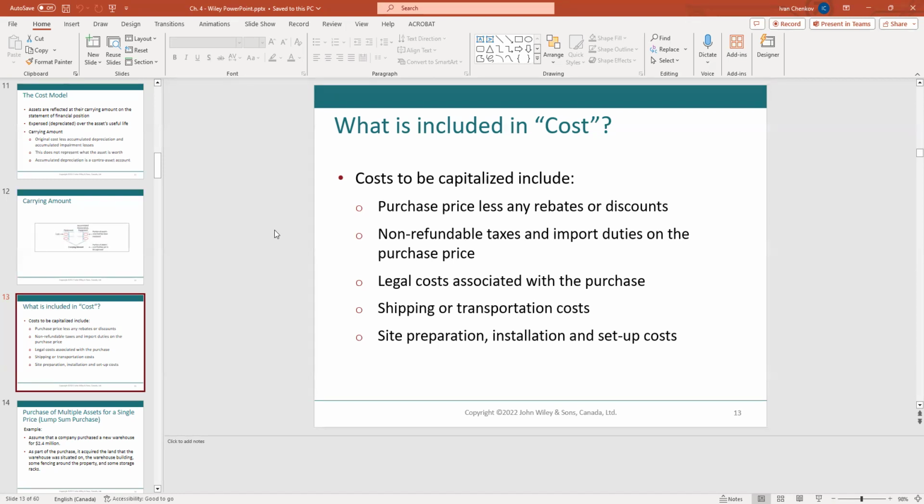You should accumulate the cost of the asset until the asset is ready for its intended use. Whatever you purchase the asset for, once somebody says, yes, you can start using it, any cost up to that point has to be capitalized and carried as a cost of the asset.